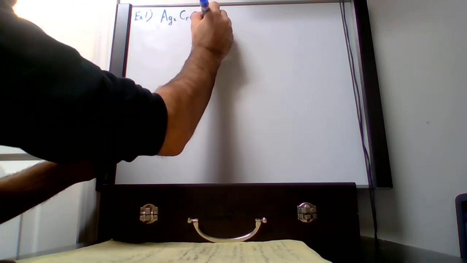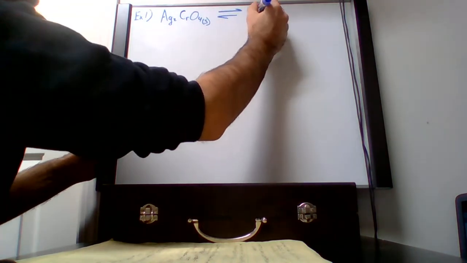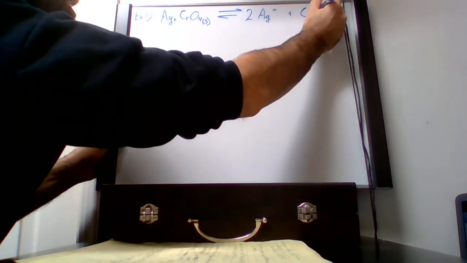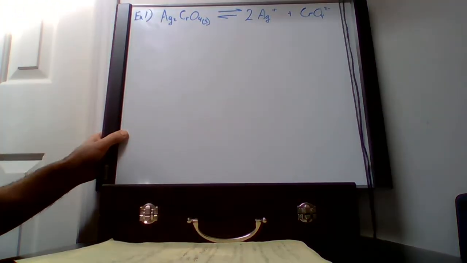All right, example 1. A solution contains 6.5 times 10 to the negative 5 molar CrO4 2 minus, and 1.03 times 10 to the negative 4 molar Ag plus to form equilibrium with that silver chromate. What is the KSP? Okay, so first up we're going to take our Ag2CrO4 solid, and that is in equilibrium with 2Ag plus and our CrO4 2 minus.